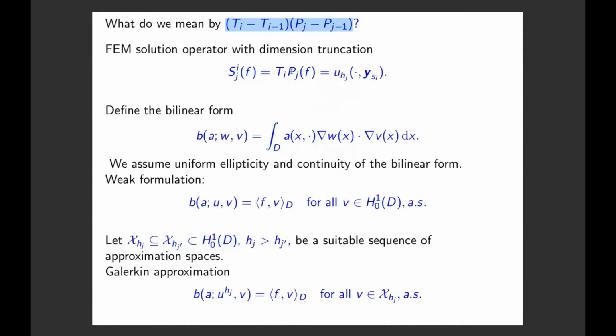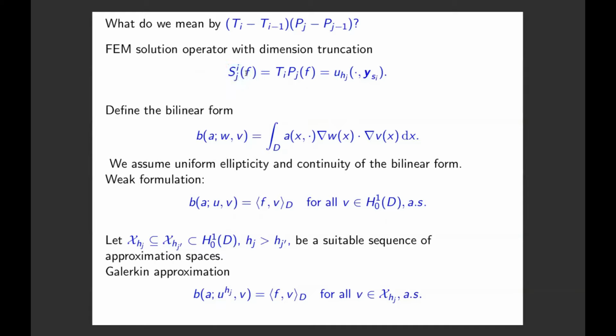And so Ti Pj applied to the right-hand side f just means that we apply a finite element solver to the PDE where we truncate the random coefficients after SI terms. And the solution of this PDE is just denoted here by UHJ, and we use a coefficient which we truncate after SI terms. And to shorten the notation, I just write SIJF here.